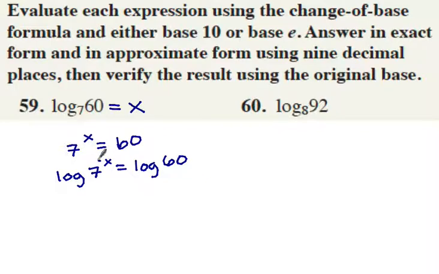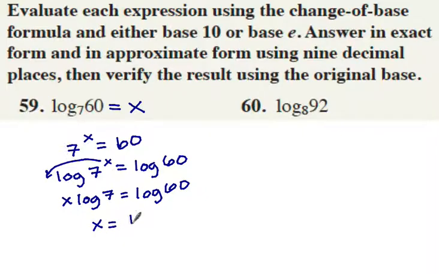So we're able to take that and move it out in front. And so this is the equivalent of x times log 7 equals log 60. And so what's our last step then to get x by itself? We'll just divide by that log 7. That's just a number. So x now is going to equal log 60 over log 7.